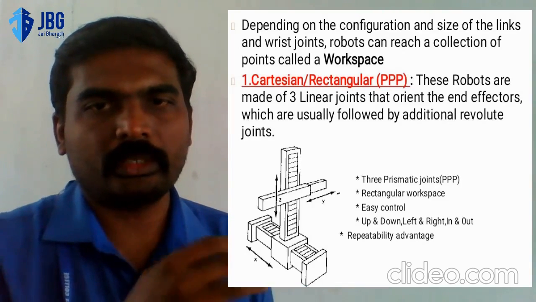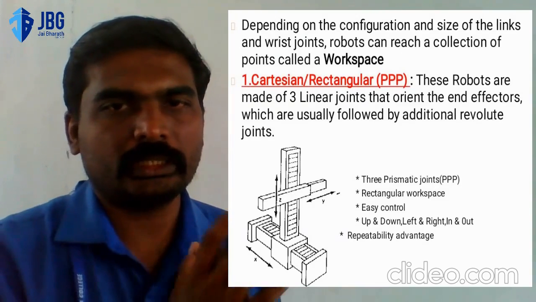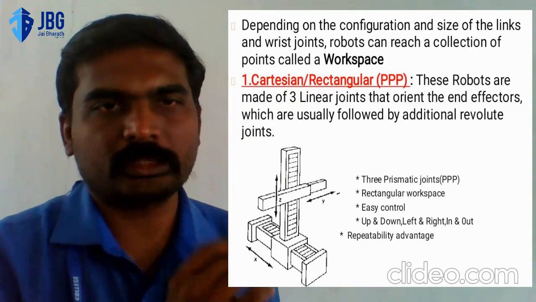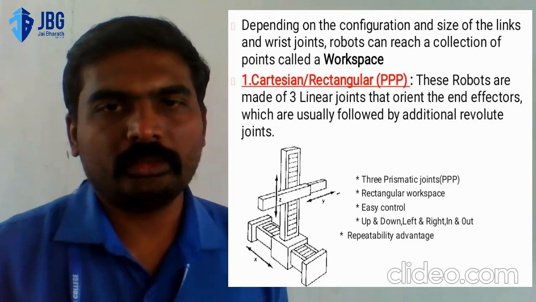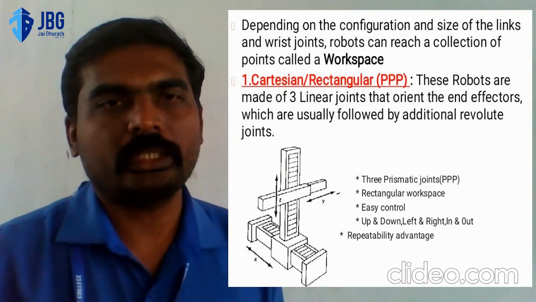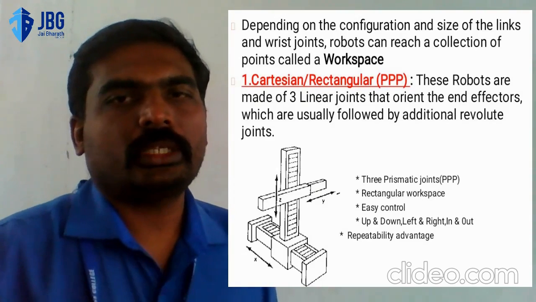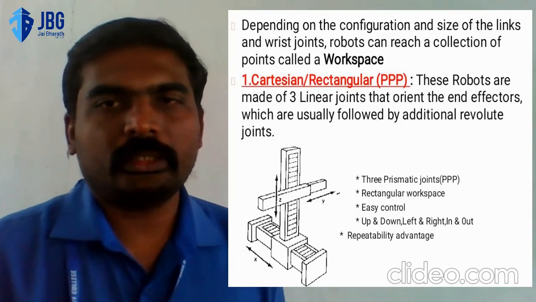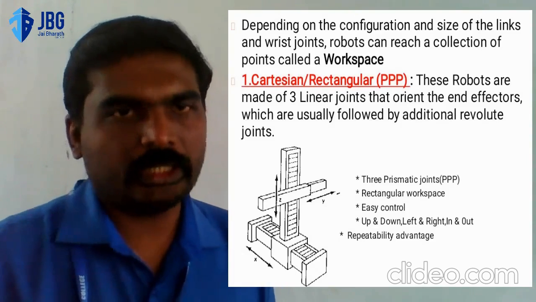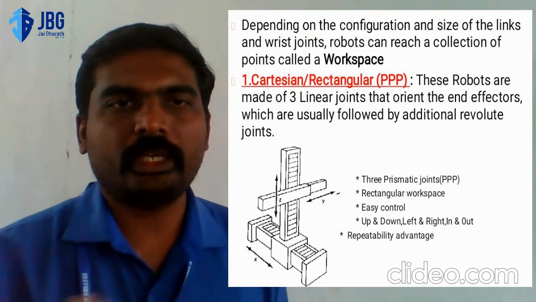then you can move left and right using the y-axis prismatic joint, or you can move in and out. So there are three linear motions or three linear joints: in and out, up and down, left and right.